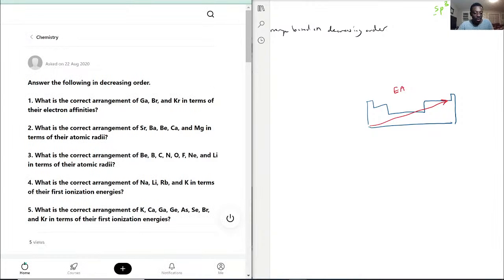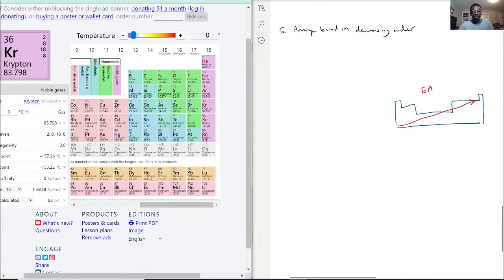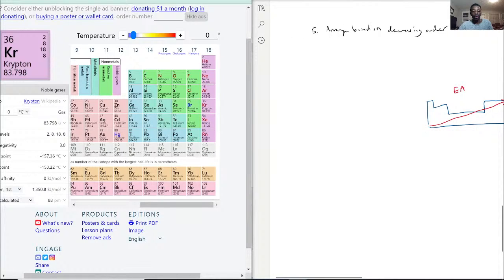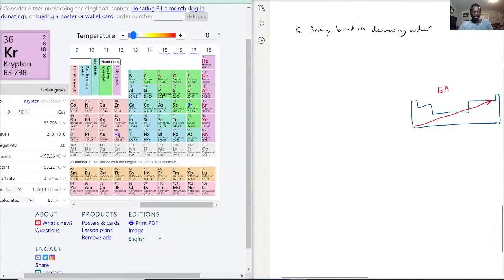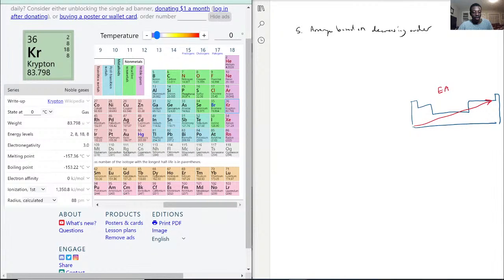The ones we have here are gallium, bromine, and krypton. So we have bromine here, gallium here, and krypton here. From decreasing order, krypton is a noble gas, so krypton is going to really shut down any effort of them trying to take its electrons, because it's full.